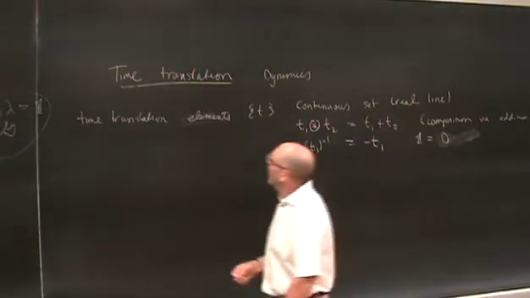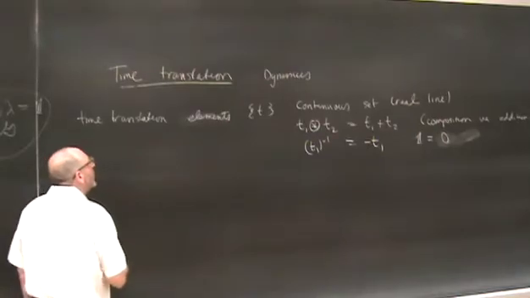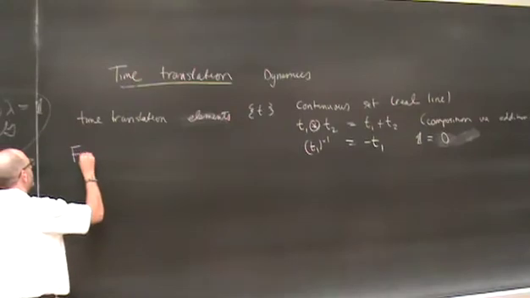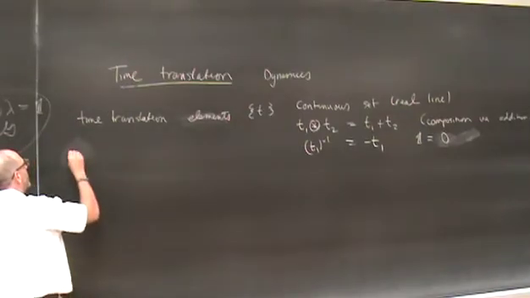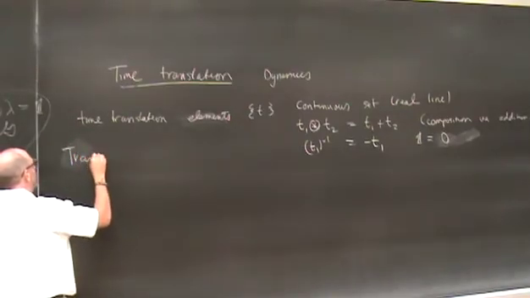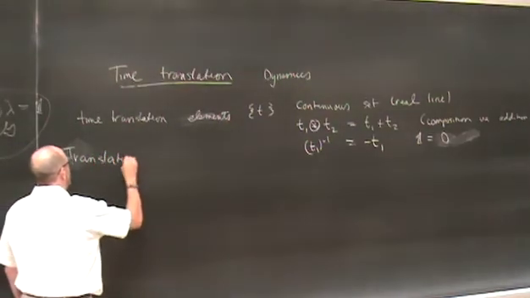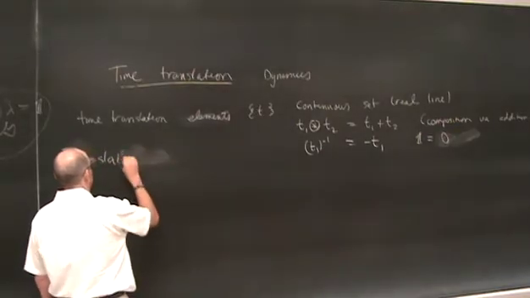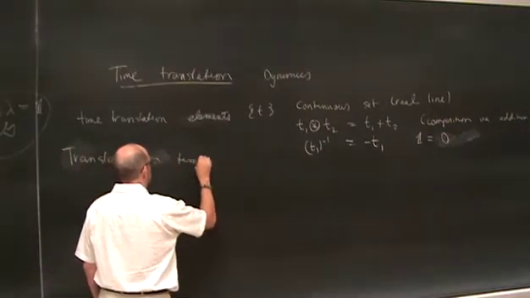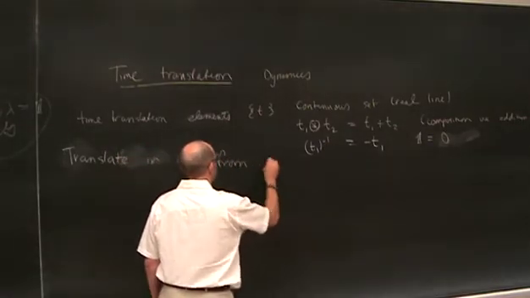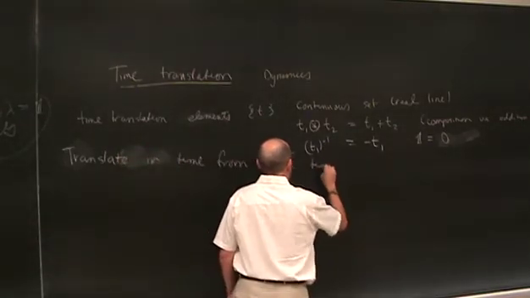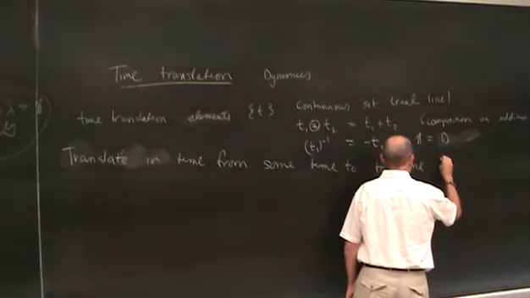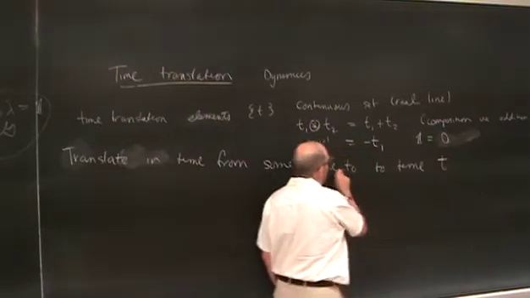Okay? So we're going to translate relative to some fixed time. If I want to translate in time from some time t0 to time t, I have to say what my initial time is.